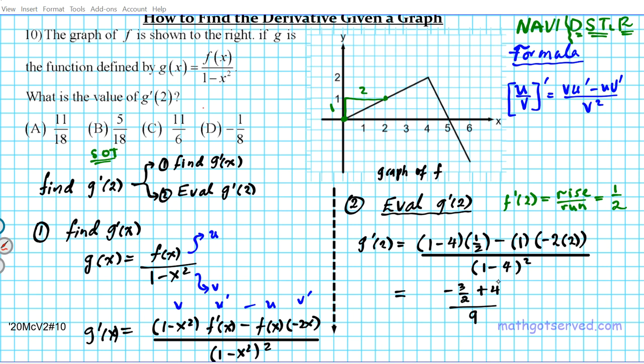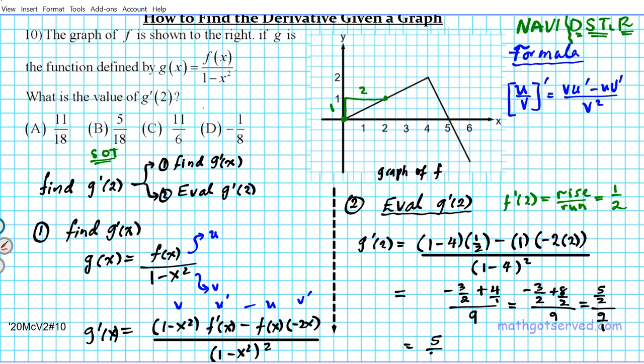All right, so let's go ahead and finish this up. We'll find the LCD right here. So this becomes negative 3 over 2, put this over 1 times it by 2 top and bottom, plus 8 over 2, divided by 9. Okay, that gives us positive 5 over 2 over 9 over 1. You then drop, change, flip that.